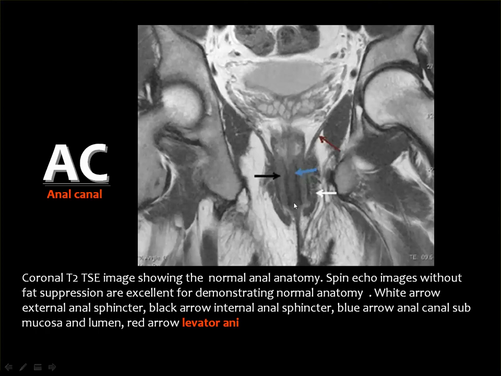The external part is the external anal sphincter, which is continuous with the puborectalis, then continuous with the levator ani, while the inner aspect represents the anal canal and is surrounded by the internal anal sphincter, which is usually relatively hyperintense to the external sphincter on the T2 weighted image, and there is a very fine fat plane that separates the internal sphincter from the external sphincter.